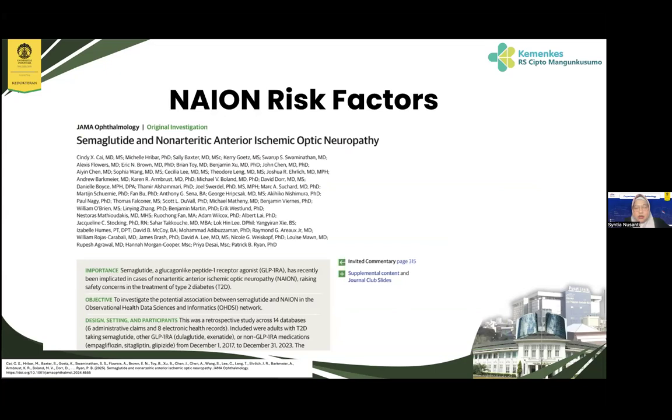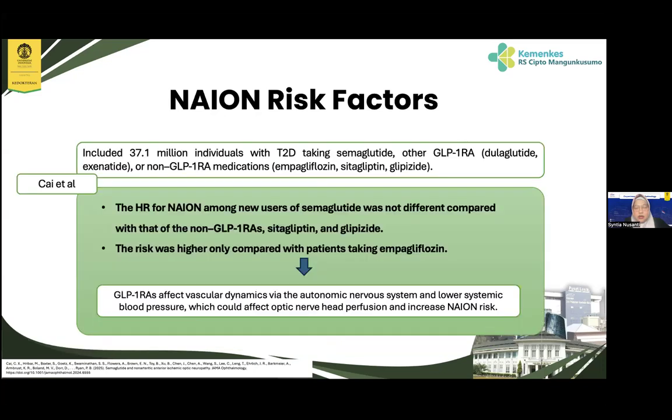And another research, on semaglutide and non-arteritic anterior ischemic optic neuropathy, said that the risk of NAION among semaglutide users was not significantly different compared to the use of other GLP-1 receptor medications, but it was higher only compared with patients taking empagliflozin.